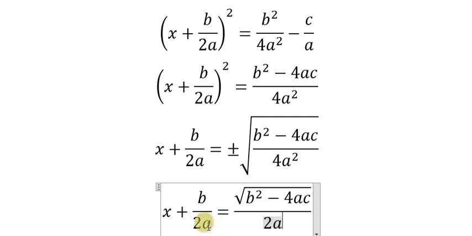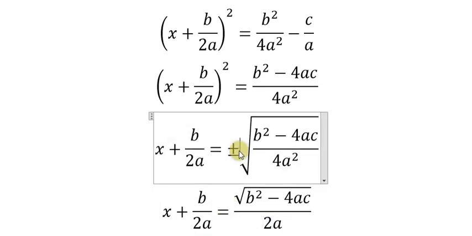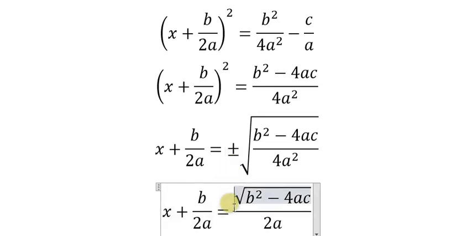Good. And also not forgetting this positive or negative, plus or minus sign which is supposed to be present here. Good.